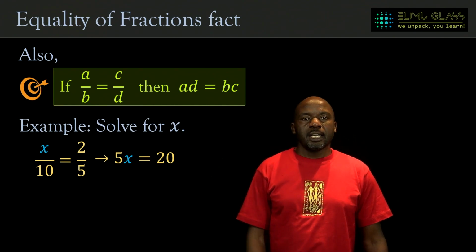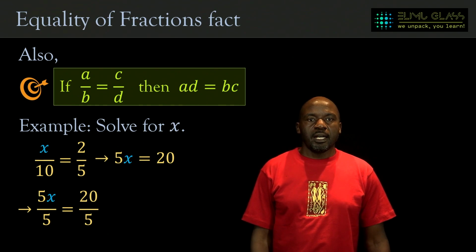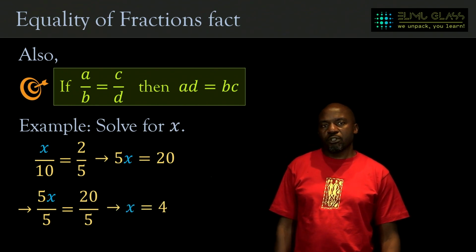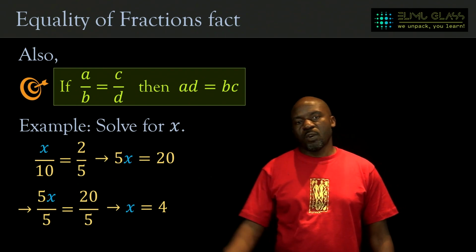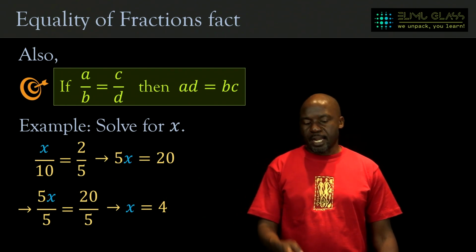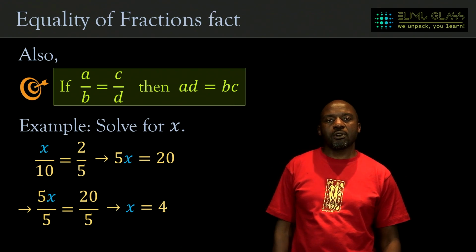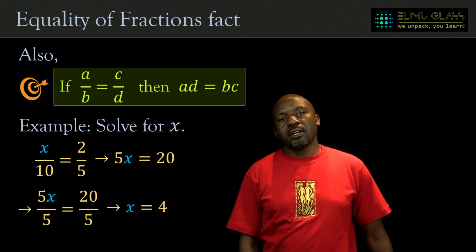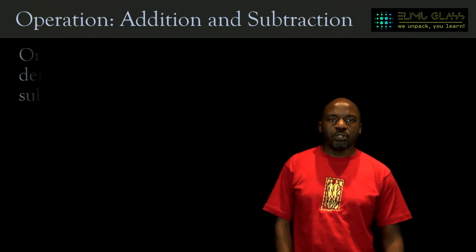If we do that, then we are left with x being equal to 4. So the idea of cross multiplication is useful when we are solving for an unknown. Sometimes also when we are making one of them subject of the formula, then cross multiplication also becomes useful.